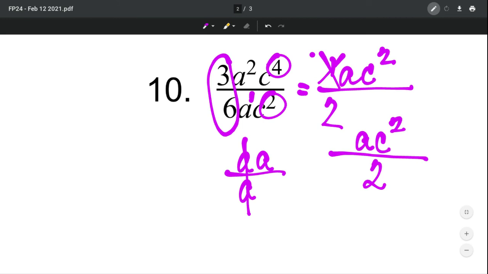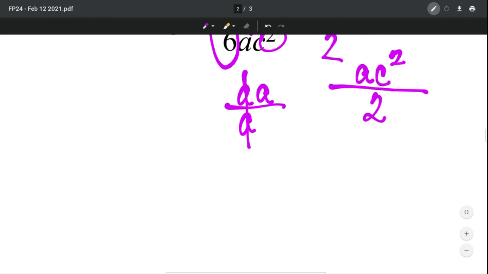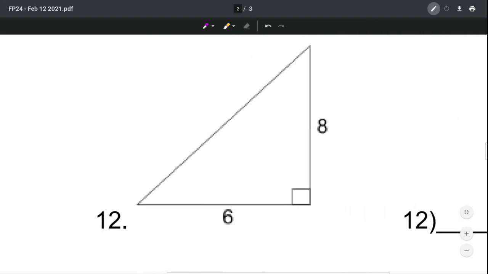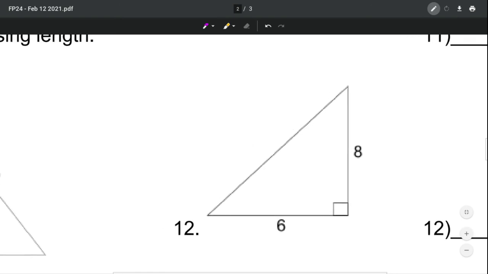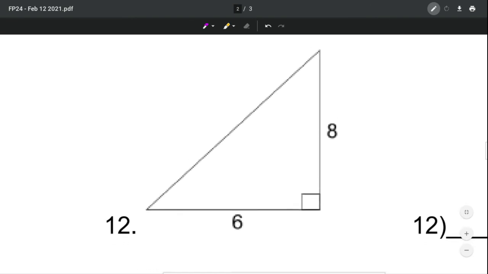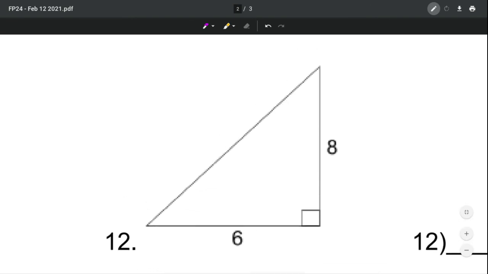Okay, so number 12. All right. Okay, we're going to use the Pythagorean theorem here. And Pythagoras, he learned that when I have any right triangle, the 2 legs, this is a leg, and this is a leg. This side is a leg, this is a leg. And legs are the sides that meet to make a right angle.